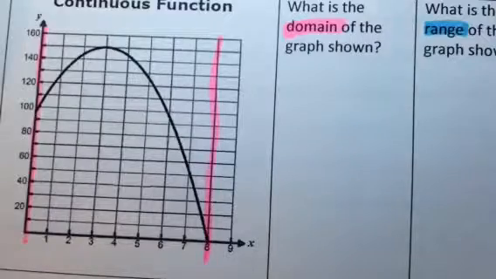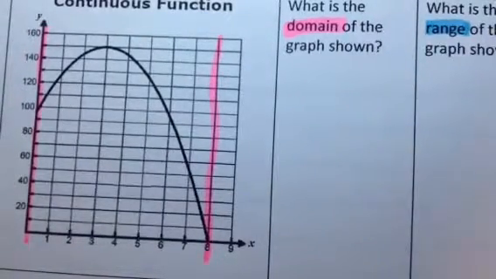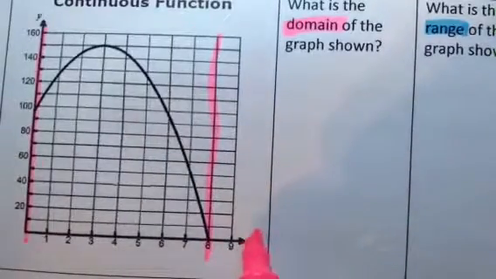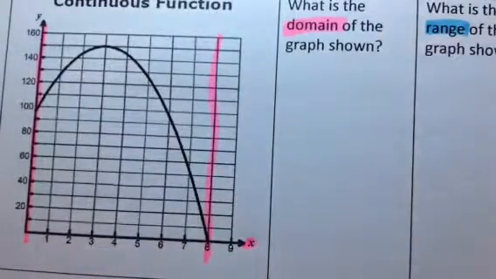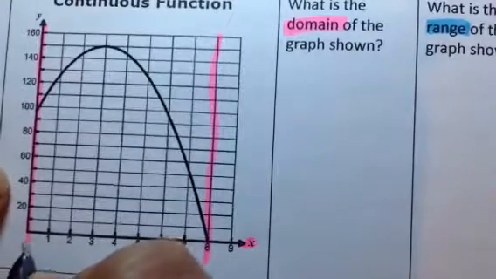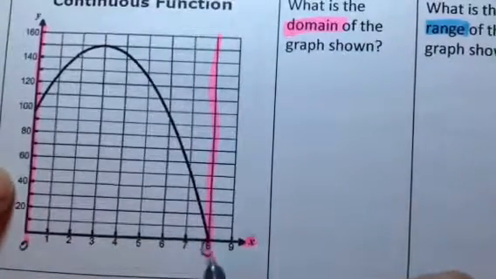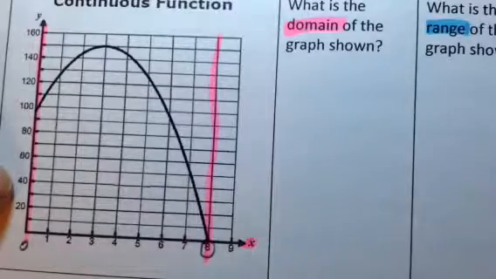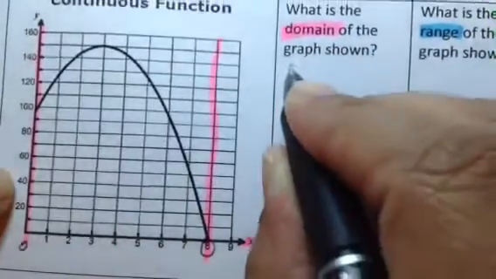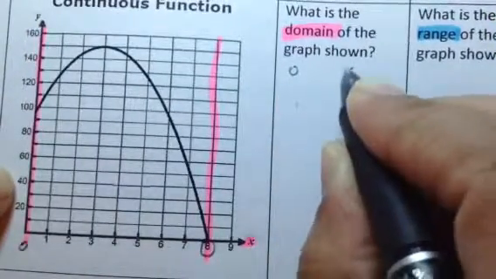Now if you look, what numbers would I have highlighted on the x-axis? Because, as you should know, this is your x-axis. So what numbers are highlighted on the x-axis? Well, 0 and 8 would have been highlighted. So we're going to use those two numbers, 0 and 8.